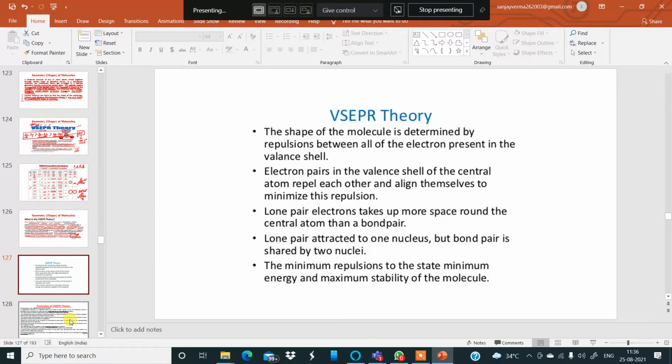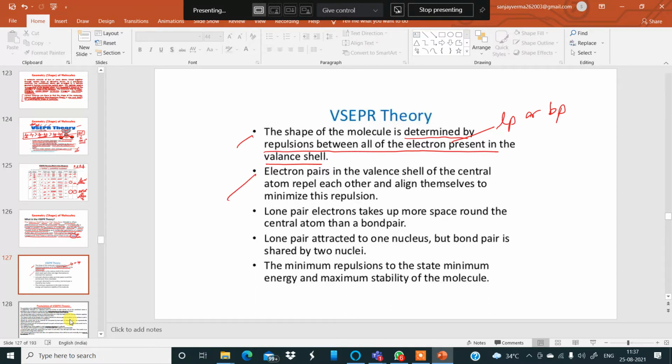Under the postulates of VSEPR theory, the shape of the molecule is determined by repulsion between all the electrons present in the valence shell. The electrons can be in the form of lone pairs or in the form of bonding pairs. So the shape of the molecule depends upon lone pair interaction, lone pair-bond pair interaction, or bond pair interaction.